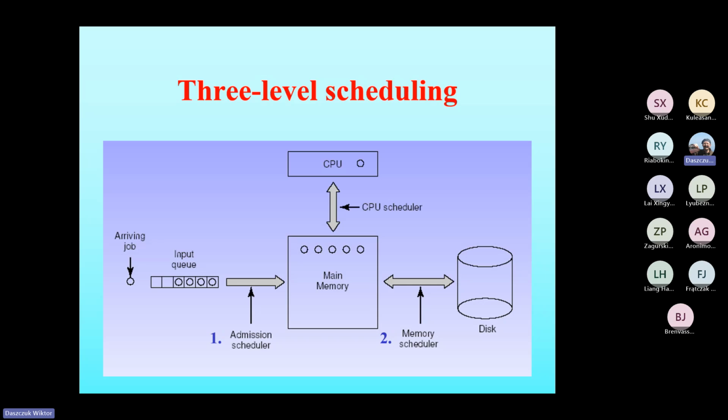We split memory between the jobs. If the memory is full, we cannot allow the next ones, though they are admitted to the system. We know about them, we allocated them maybe some virtual resources, but physically we wait until there is enough memory, and then we allocate memory.